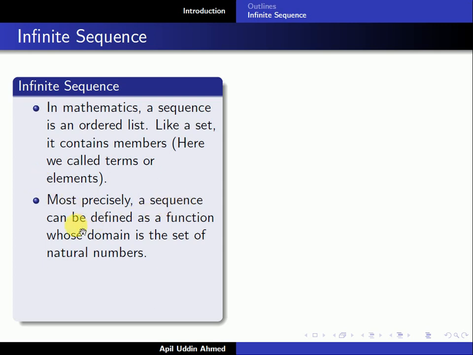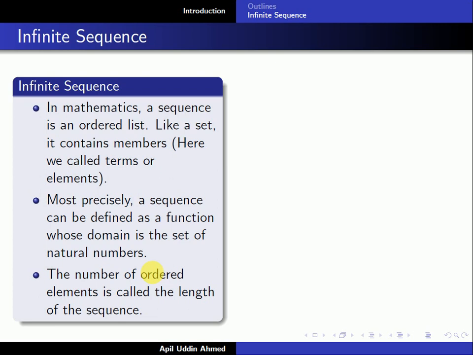Each sequence can be defined as a function whose domain is the set of natural numbers. That means a sequence whose domain is the set of natural numbers may be considered an infinite sequence. That means a list of elements or objects which are associated with the set of natural numbers is called an infinite sequence.